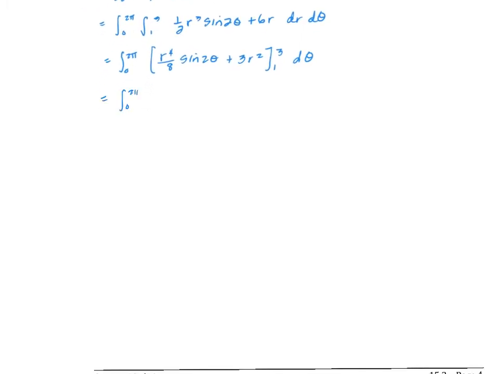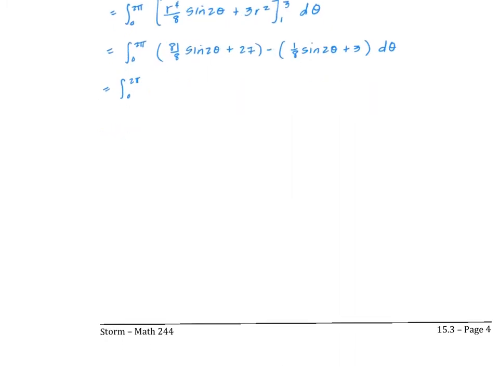So my integral from 0 to 2 pi, inside, if I put in 3 for r, 3 to the 4th over 8 becomes 81 over 8 sine of 2 theta plus 3 times 3 squared, 27, minus 1/8 sine of 2 theta plus 3, d theta. Combining like terms, I have 80 over 8 or 10 sine of 2 theta plus 27 minus 3, or plus 24, d theta.